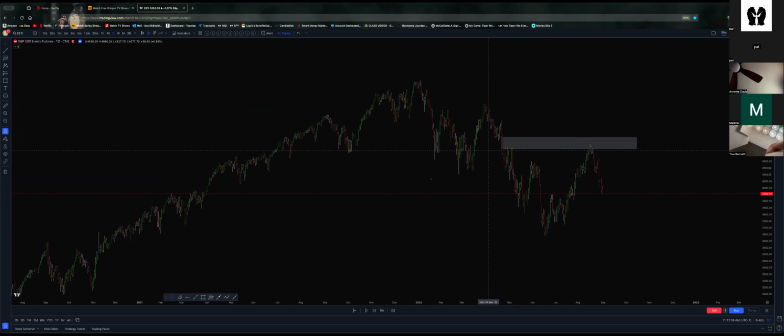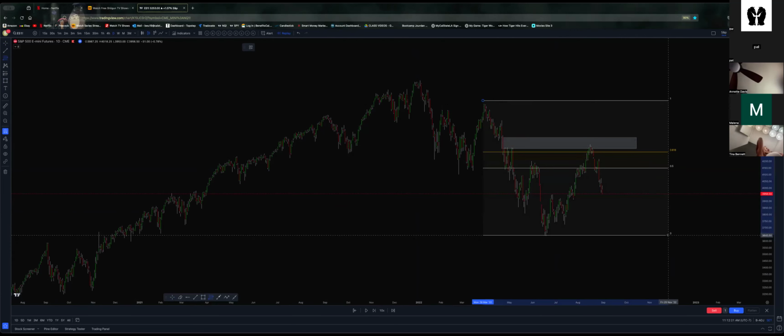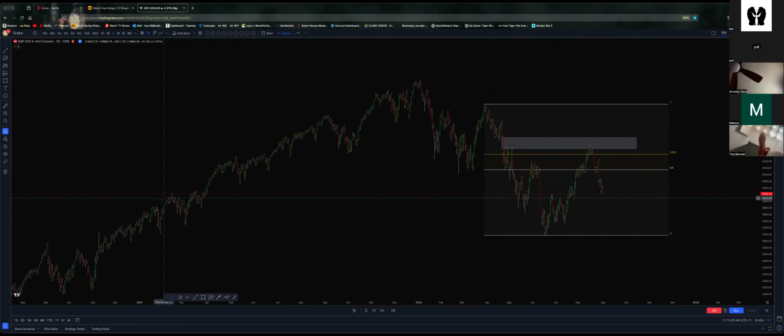Price moves in three ways, right? It moves towards liquidity, which is here. It moves to rebalance to equilibrium. So we had price coming from here to here. Price moves towards liquidity.